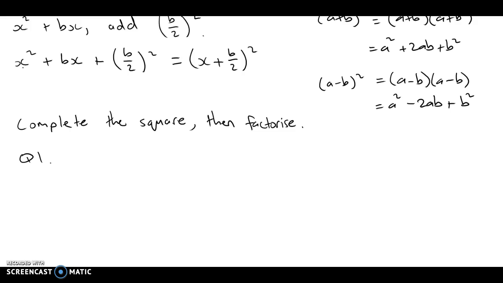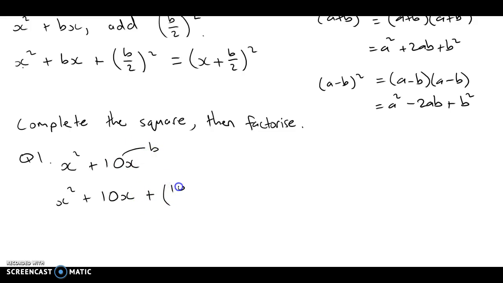If we want to complete the square for x squared plus 10x, we need to add on b on 2 all squared. Now our b here is the 10. This is our b.